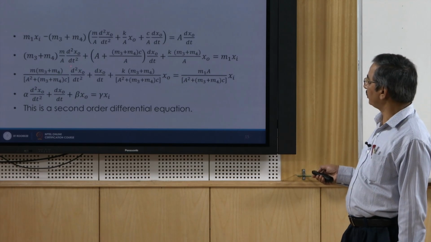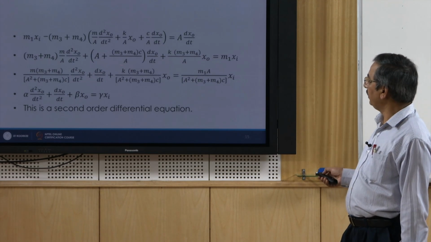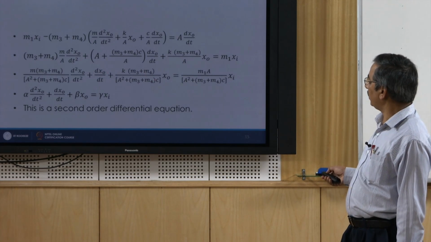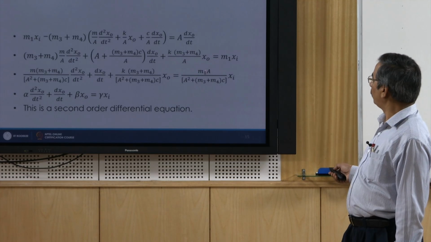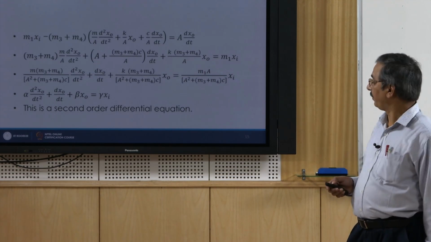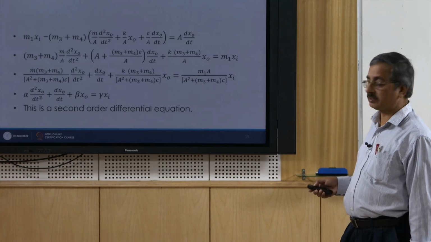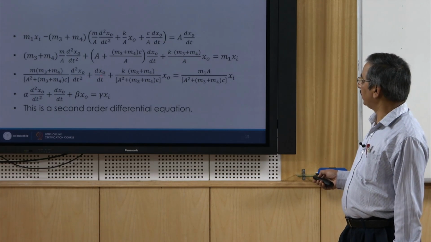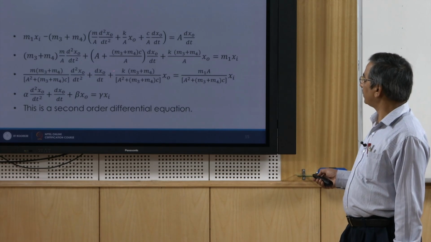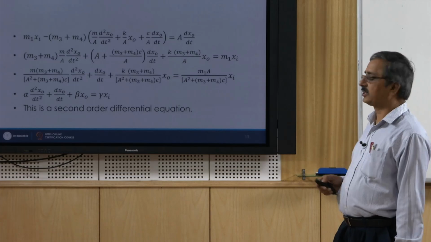So, this is the coefficient of the second derivative term, plus dx0/dt here, plus we have the coefficient into x0 is equal to, of course, here this coefficient into xi. And further, if I give some names for these terms, say alpha d²x0/dt², plus you can see here this is dx0/dt, plus say I write this as beta x0, plus say this as gamma xi.